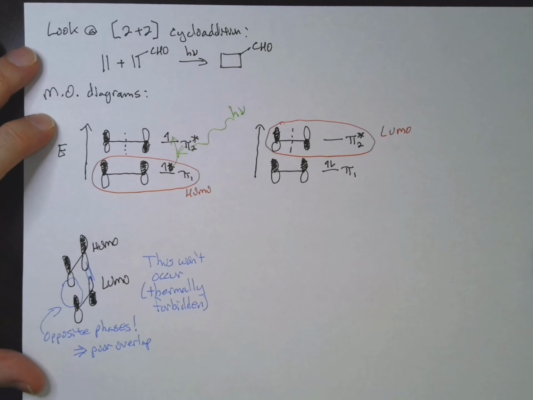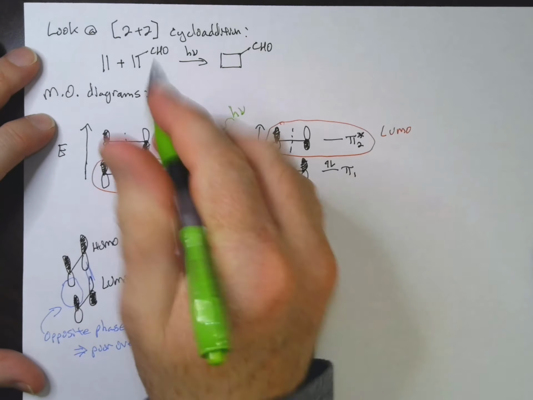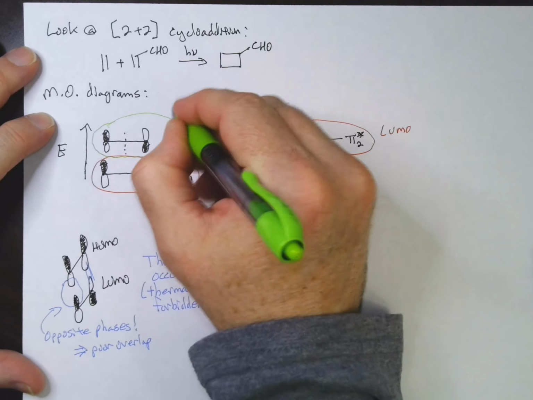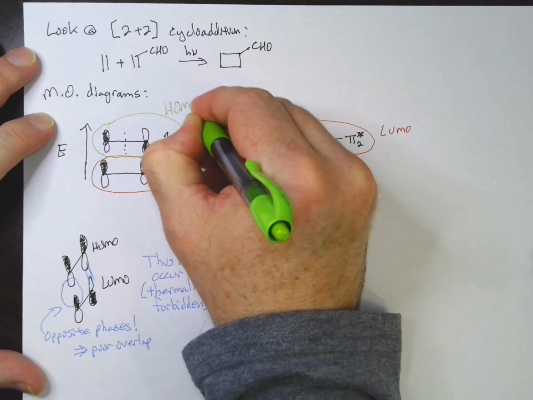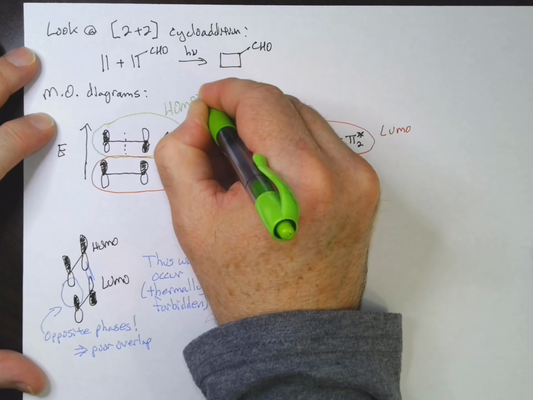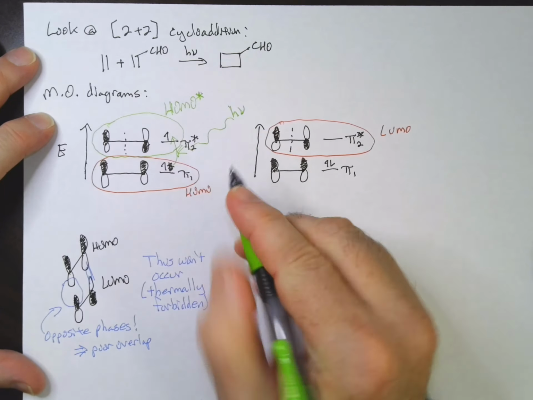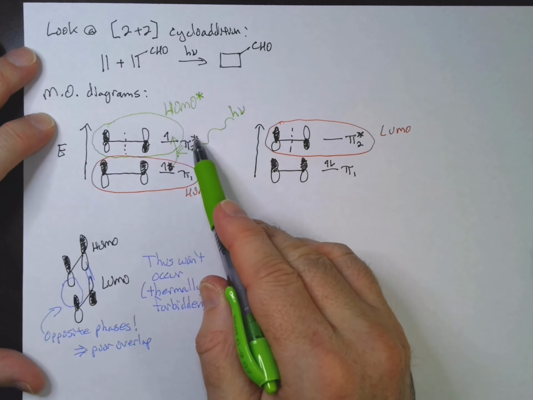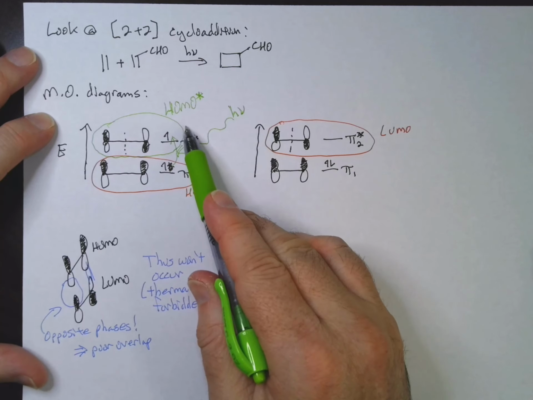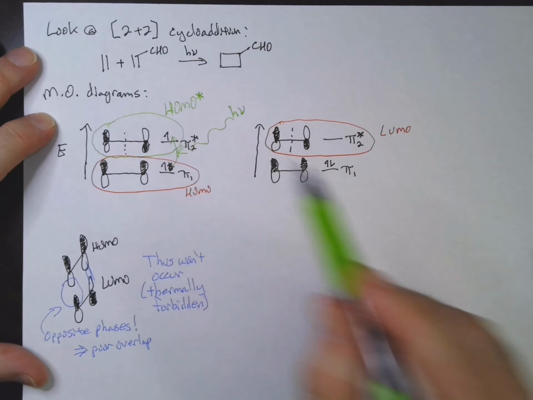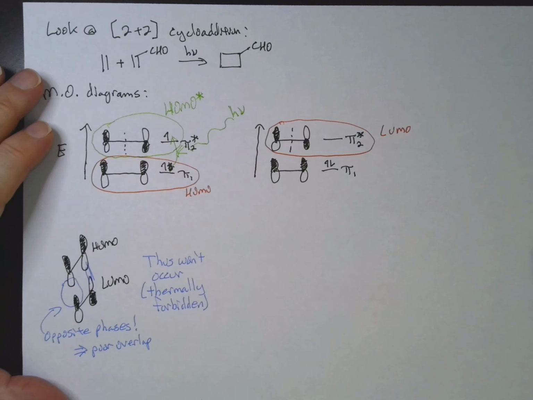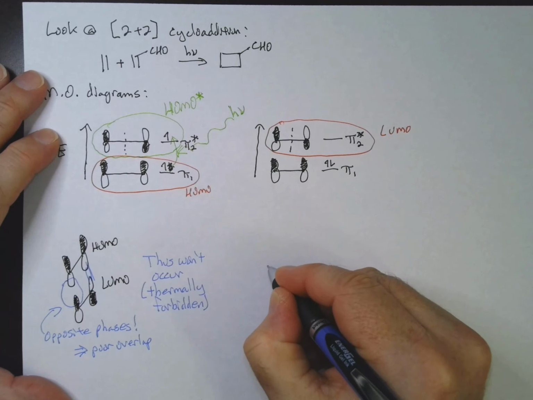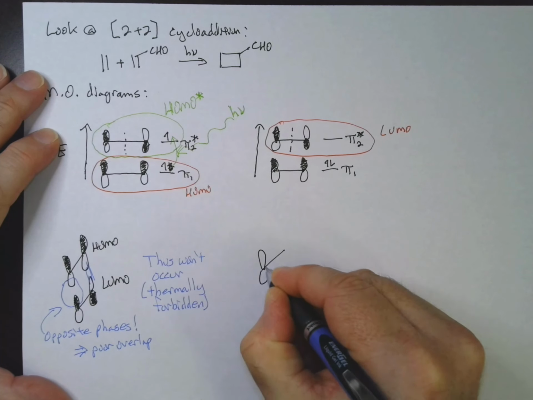And now I have a new HOMO. That is my HOMO star. Of course, star stands for our excited state. Now I look at my overlap between my HOMO star and my LUMO.